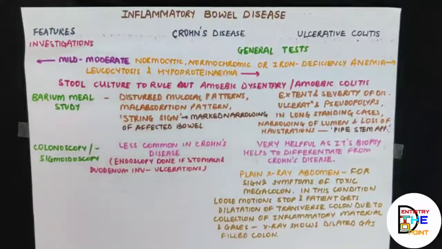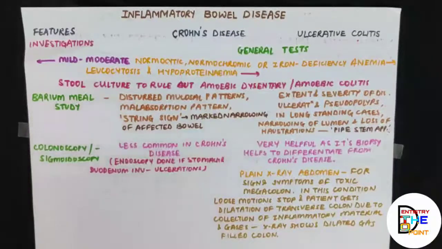Next is the barium meal study, that is your barium meal follow-through study or barium enema, which are diagnostics for both the diseases but mostly Crohn's disease. Now what is this barium meal study? There is a white chalky solution of barium. The patient is told to drink that, and this coats your intestine, especially your upper GIT, from your esophagus to the stomach and the upper parts, the duodenum, everything.